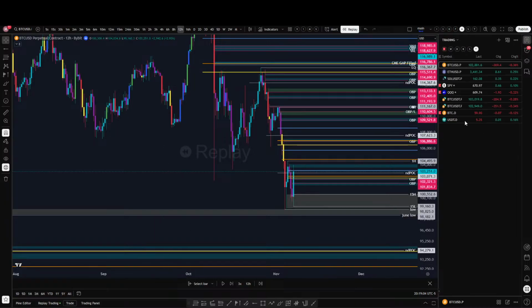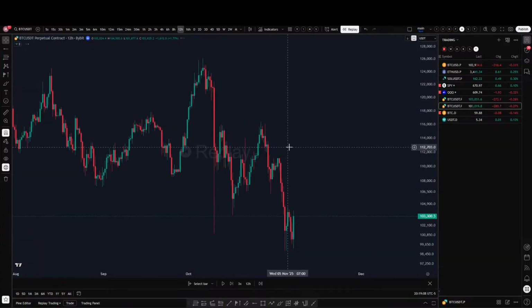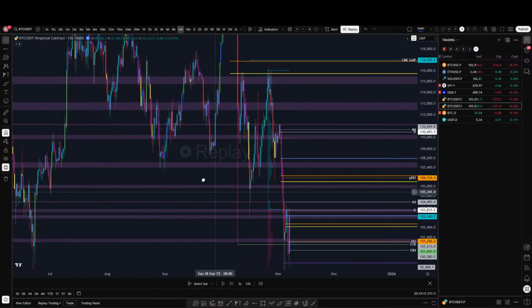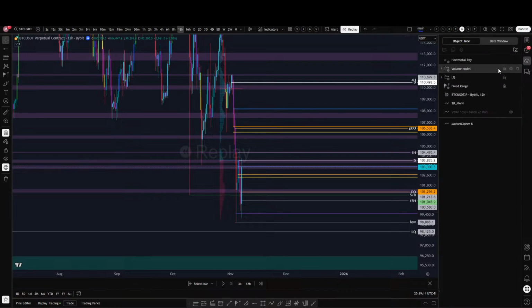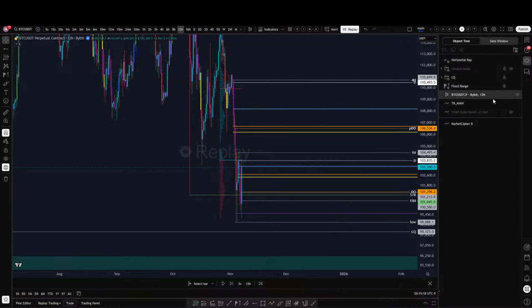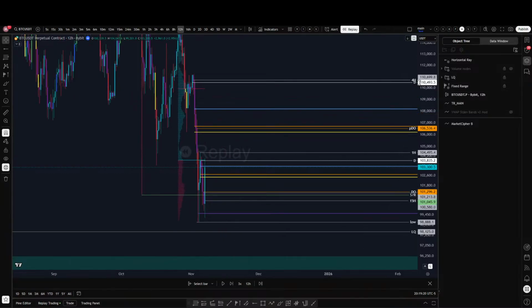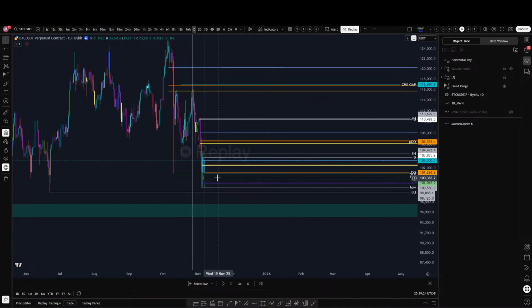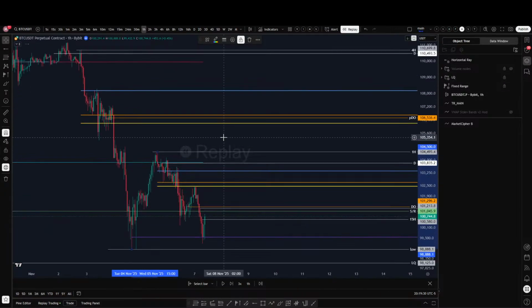Let me check the other BTC chart here, having that level. Let's hide the volume node. Basically this is the Fibonacci going from here.